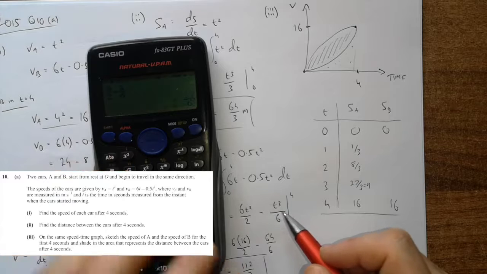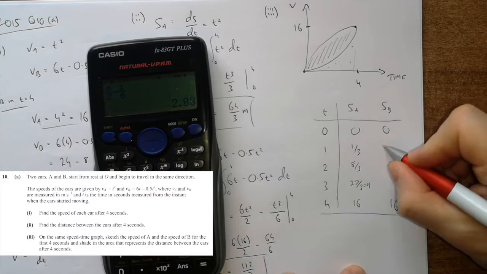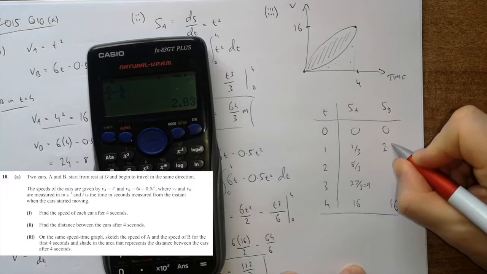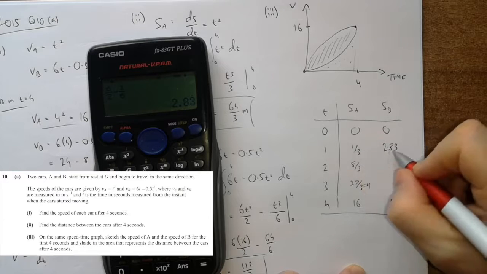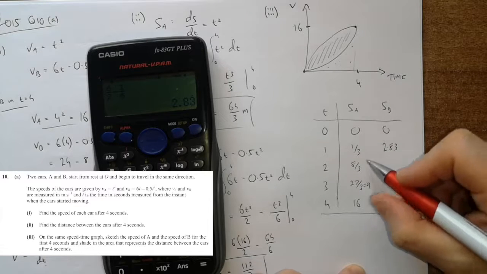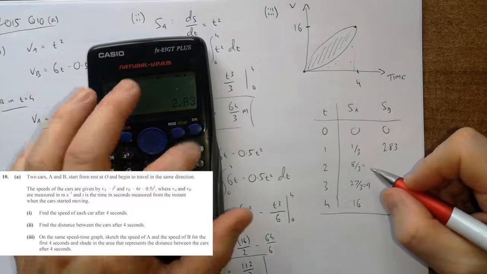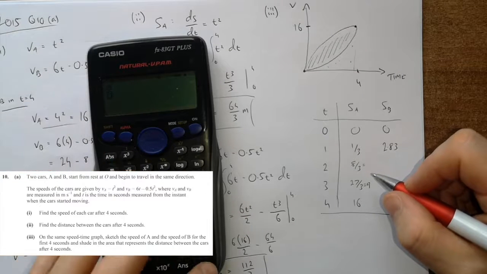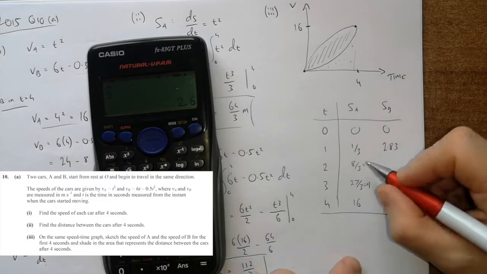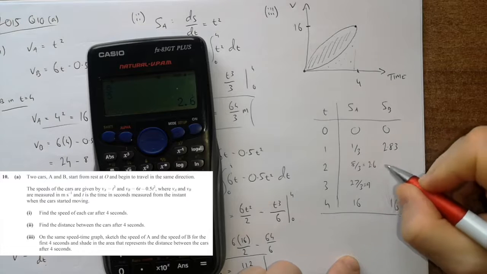That's 17 over 6, so 2.83. It's a little bit easier to deal with this one in numbers. You can see 0.3, 2.83, big difference after 1 second here. That is, of course, let's stick that into numbers. 8 over 3 is 2.6.